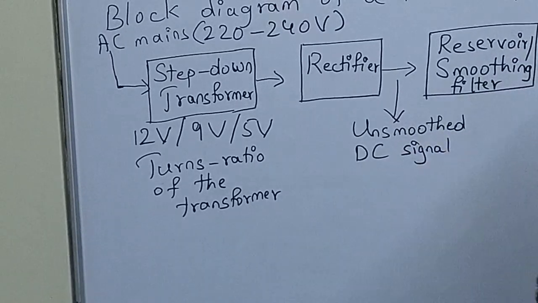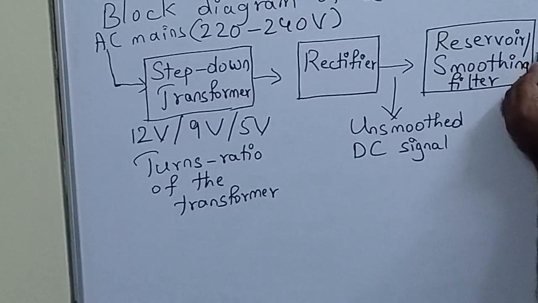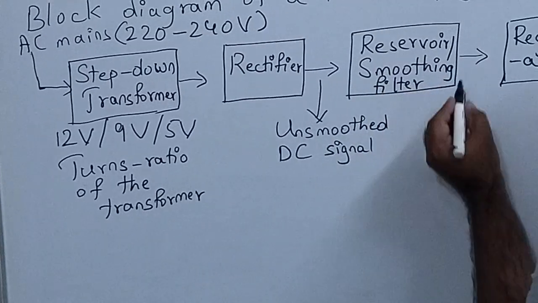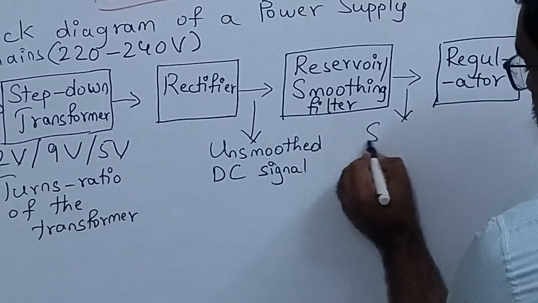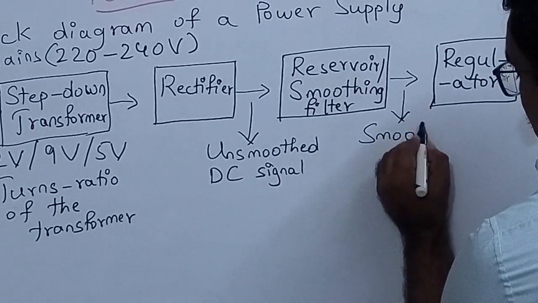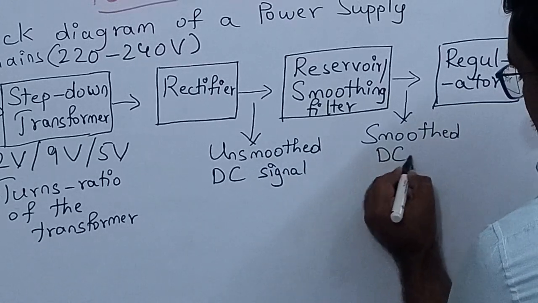This unsmoothed DC signal is then given to a reservoir or filter circuit, which smooths the signal, giving smooth DC.